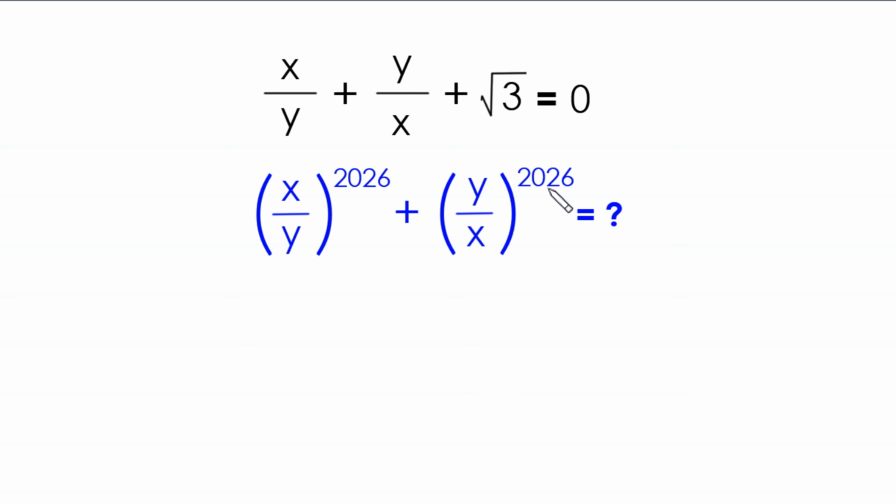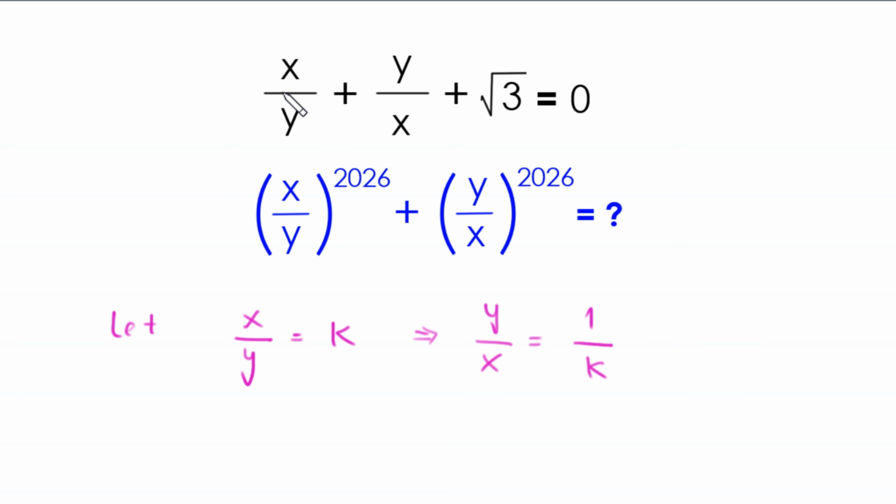So let's start. First we suppose that x over y equals k. If we take a reciprocal on both sides, this implies that y over x equals 1 over k.